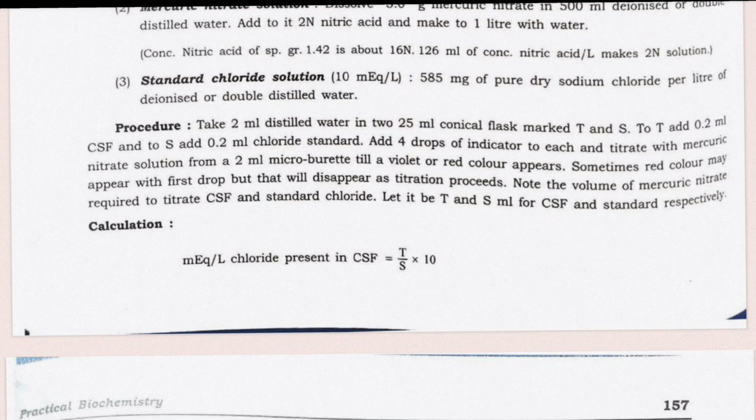Sometimes a red color may appear with the first drop, but that will disappear as titration proceeds. Note the volume of mercury nitrate required to titrate CSF and standard chloride. Let it be T and S ml for CSF and standard respectively. Calculation: milliequivalent per liter chloride in CSF equals T upon S into 10.